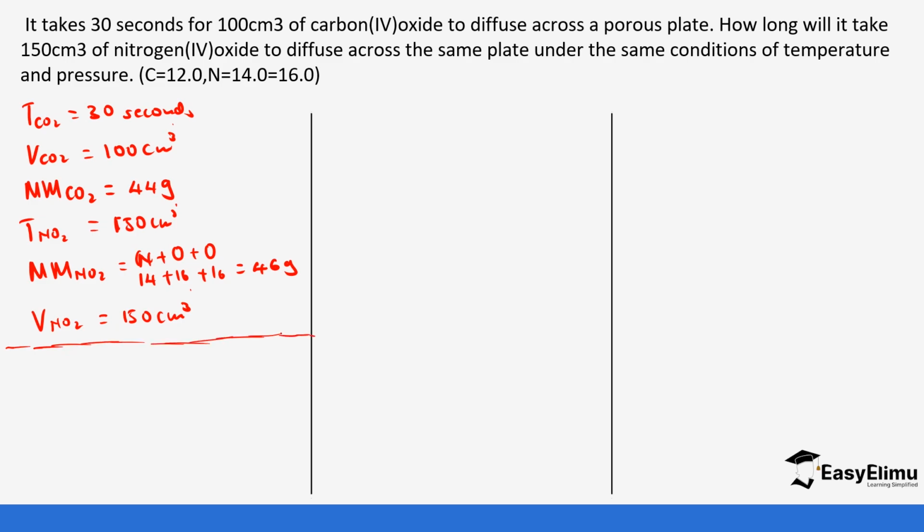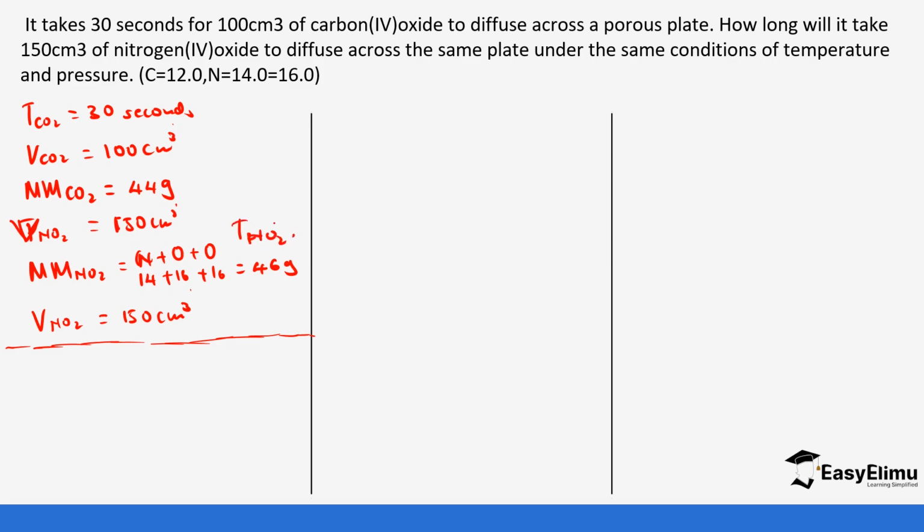You notice that these gases do not have similar volumes. The question is how long will it take nitrogen dioxide to diffuse across the porous plate. So basically we are looking for time, the time of nitrogen dioxide.